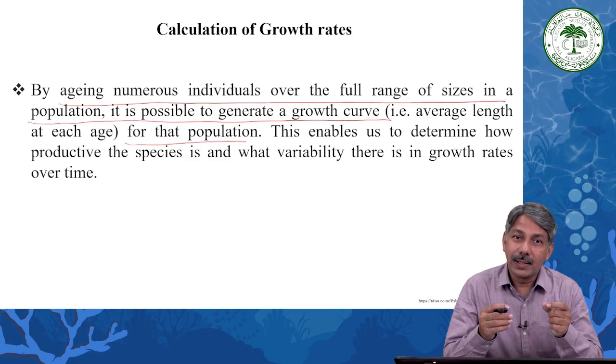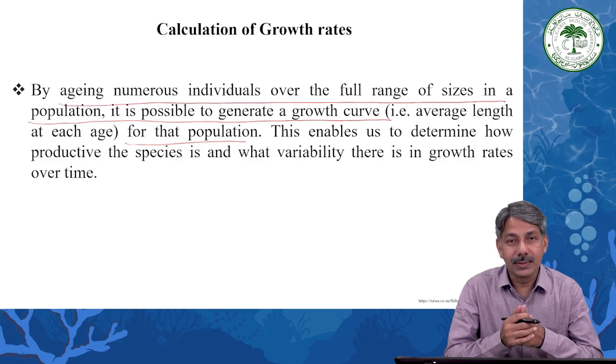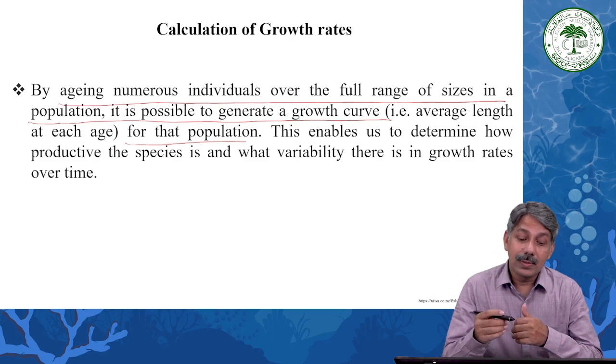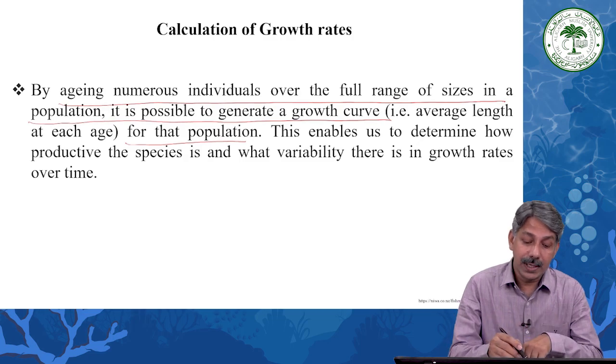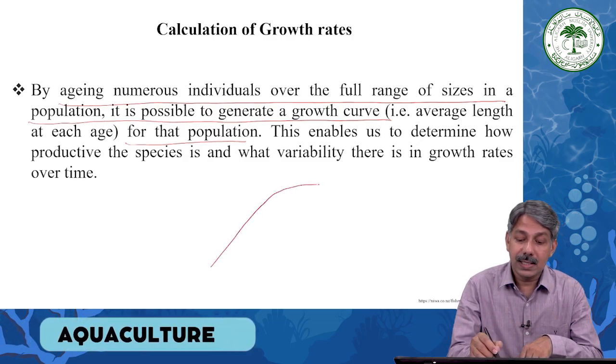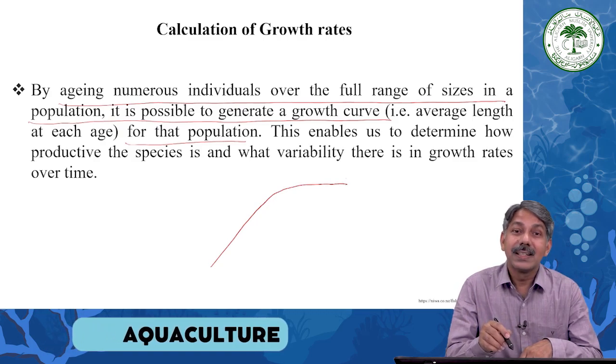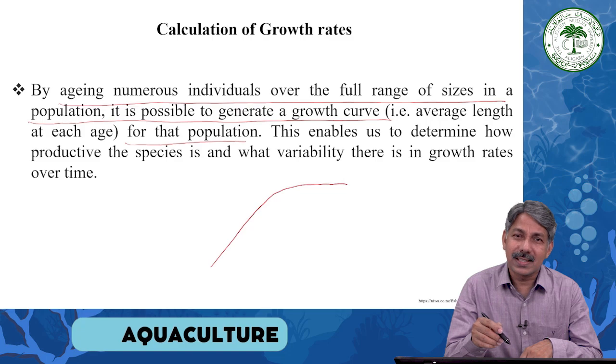That fish fry, the growth rate of fish fry is much faster than the older fishes. Now, the growth pattern of that fish is very fast, and after a certain age, the growth is still there, but it slows down drastically.